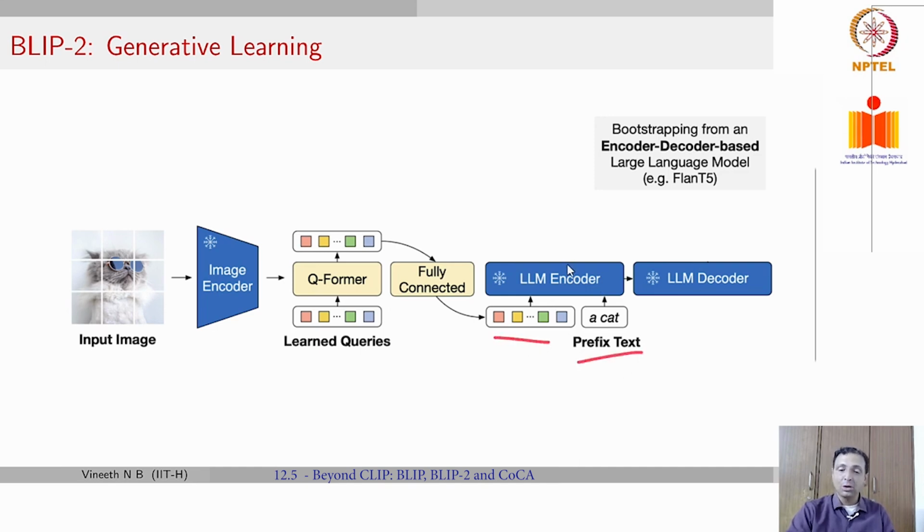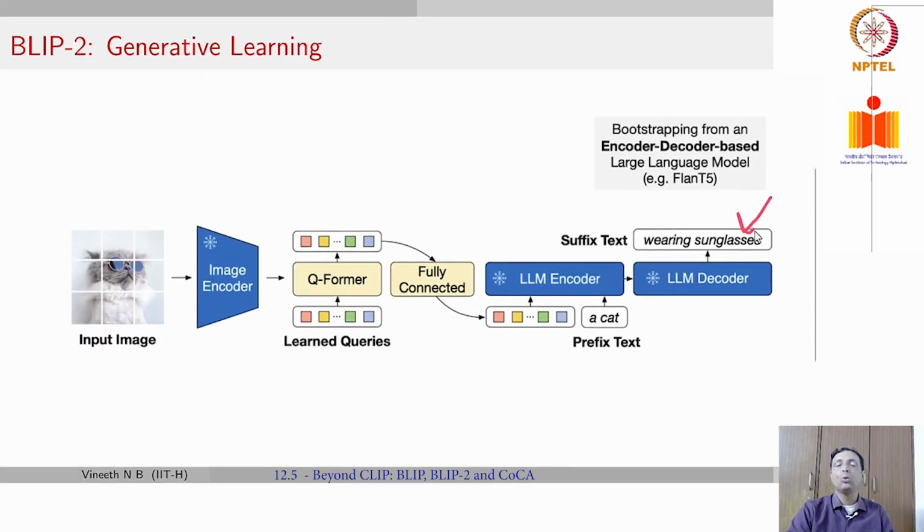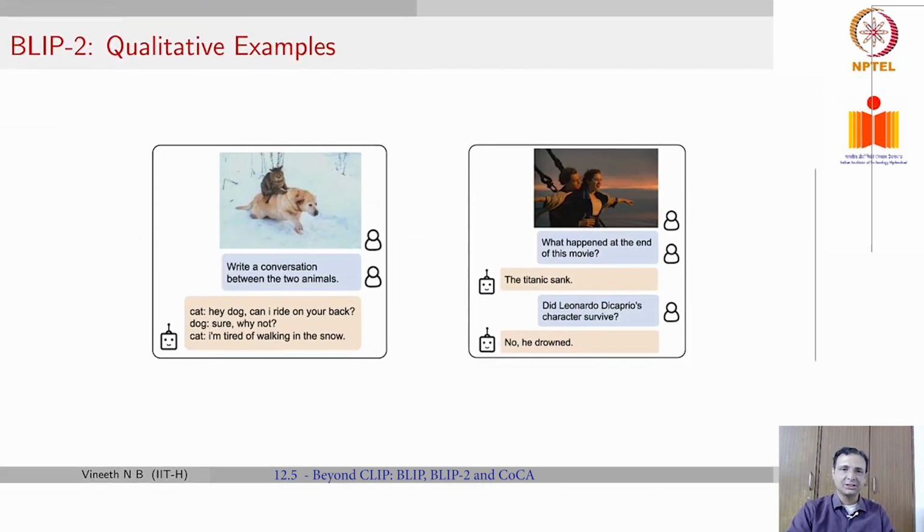The LLM encoder then forwards this to an LLM decoder, and this then outputs 'wearing sunglasses' given that 'a cat' was the prefix text to prompt the model. For this, they use a FLAN T5 encoder-decoder model to perform their studies. That's the overall architecture of BLIP-2, and here are once again some qualitative examples.